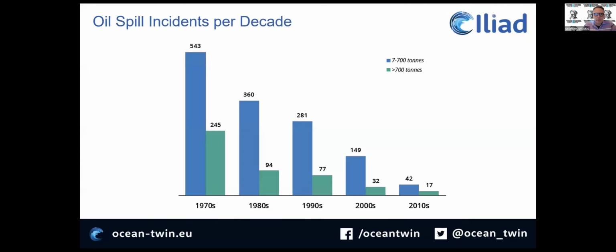This is a diagram which shows that since the 1970s until today there has been a gradual and continuous decrease in oil spill incidents over the decades, which is, of course, a result of technological advancements. In shipping, double hull ships are now used rather than single hull, and overall the legislation has become stricter.